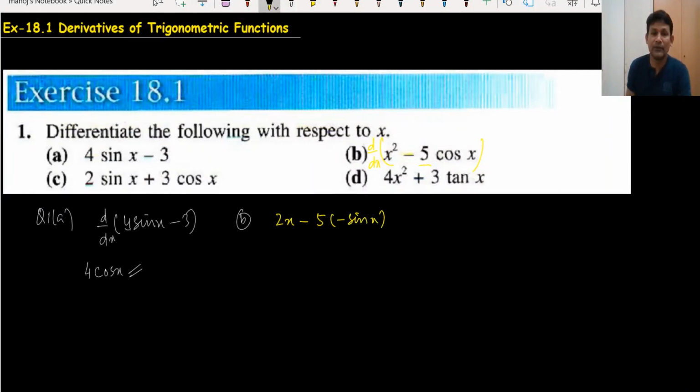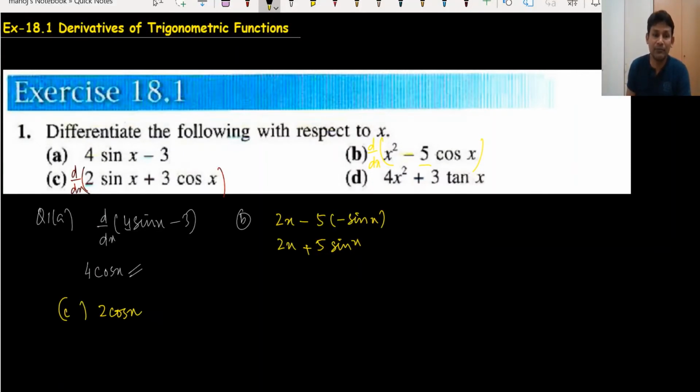When you simplify, it comes 2x, minus minus is plus 5 sin x. So we have done. Next is the c part. In the c part, writing d upon dx completely, the differentiation of 2 sine x is 2 cos x, and the differentiation of cos x is minus sine x.